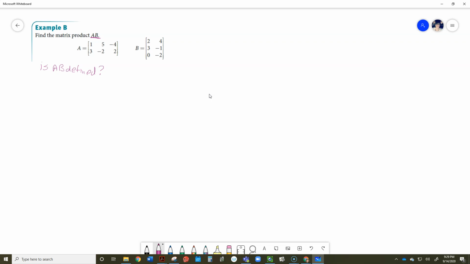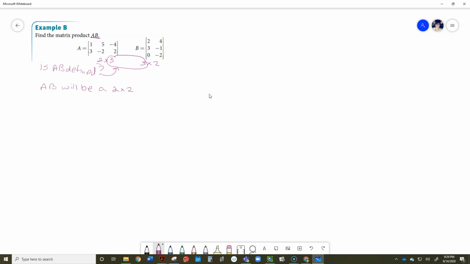So we need to know the size of matrix A. Matrix A is a 2 by 3. Matrix B is 3 rows, 2 columns. Matrix B is 3 by 2. These two numbers match. So yes, it is defined, and AB will be a 2 by 2.